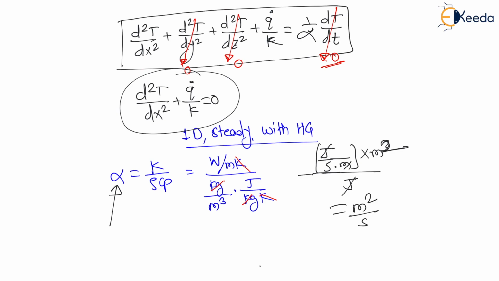This thermal diffusivity has the same unit as kinematic viscosity. Kinematic viscosity is nothing but dynamic viscosity divided by mass density, which has the unit of meter square per second, which you have already learned in fluid mechanics, right? The kinematic viscosity has the unit meter square per second, and thermal diffusivity also has the unit of meter square per second.